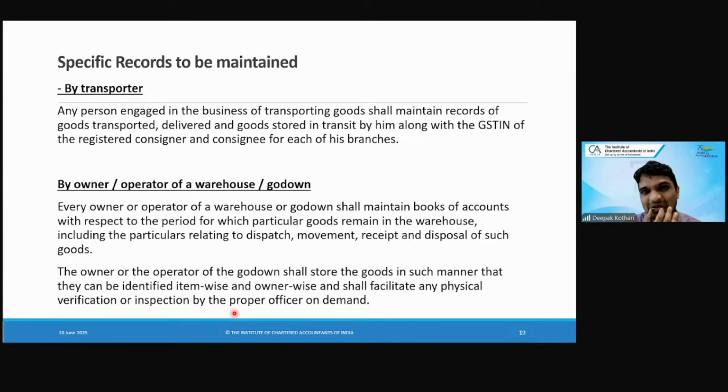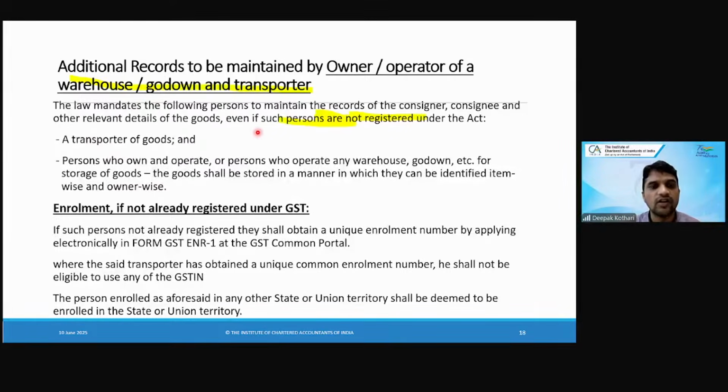Clear? So can you explain enrollment? Right. So what the law says is that any operator of a warehouse or a godown and a transporter, right? They have to maintain proper records and they have to generally be registered. But for some reason, say their limit is less and they have not registered.